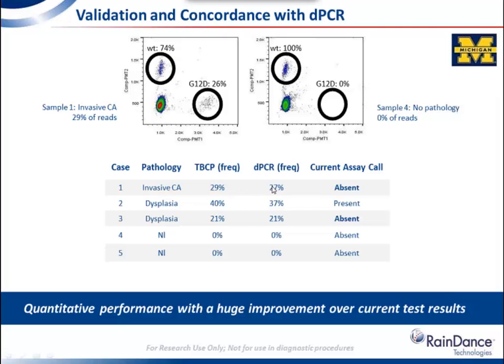But interestingly and surprisingly, the current assay actually missed two samples, sample 1 and sample 3, showing that at least in this set of samples, our sensitivity was much better than what's currently being used in the industry. So this demonstrates the sensitivity and precision of the ThunderBolts Cancer Panel, as well as the ability to generate orthogonal confirmation data with two different applications run on the same instrument.